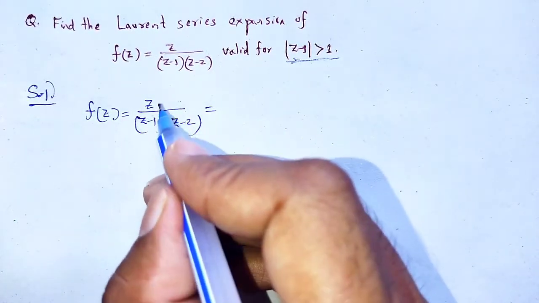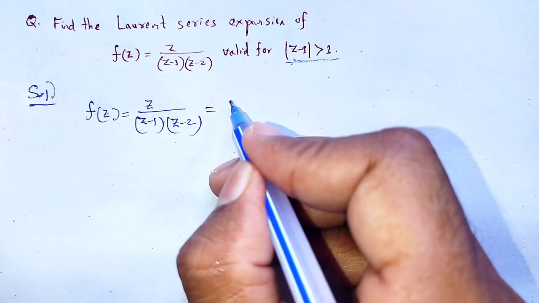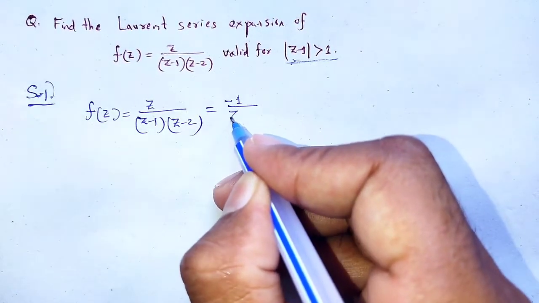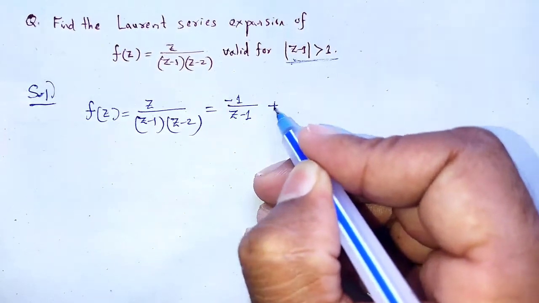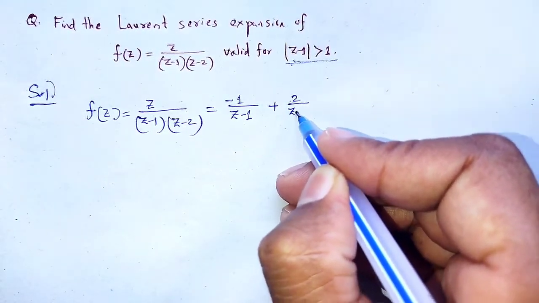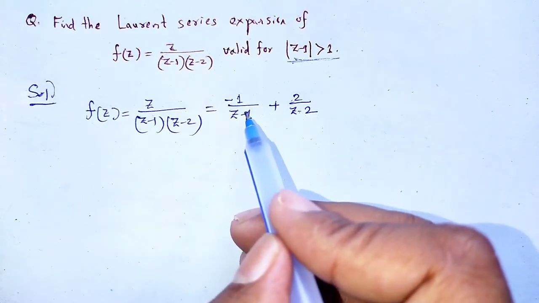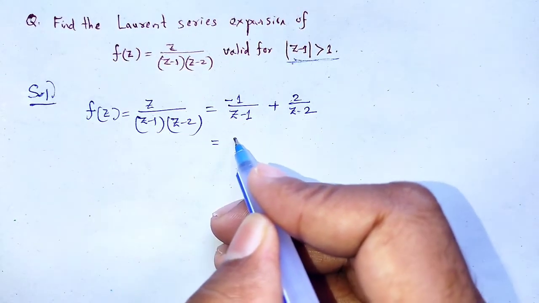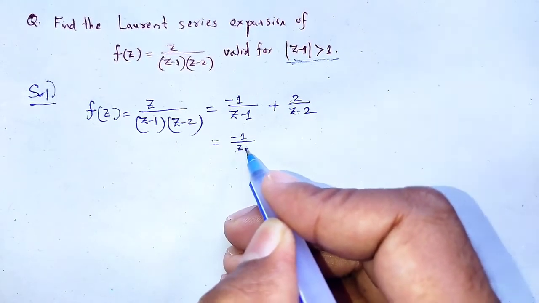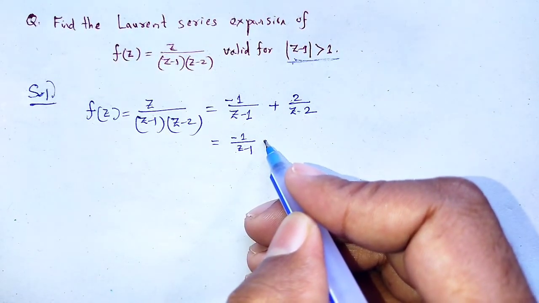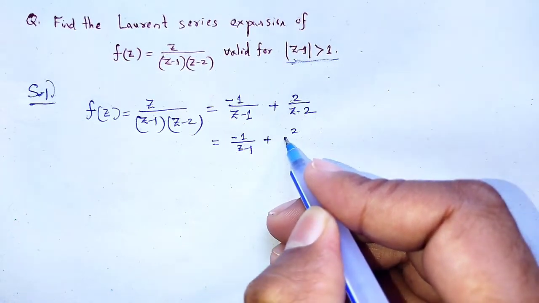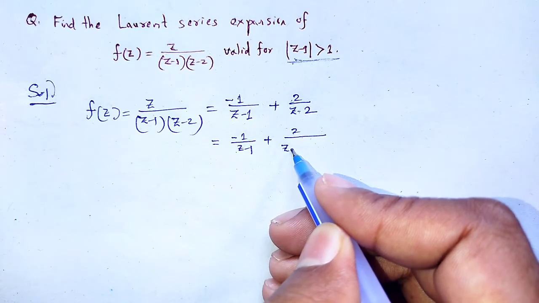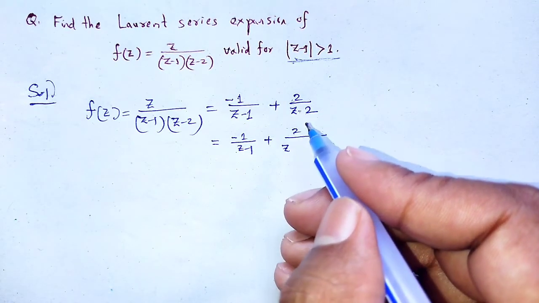Now we treat that function by the partial fraction method: minus 1 divided by z minus 1 plus 2 divided by z minus 2. In the numerator I take 2 common.